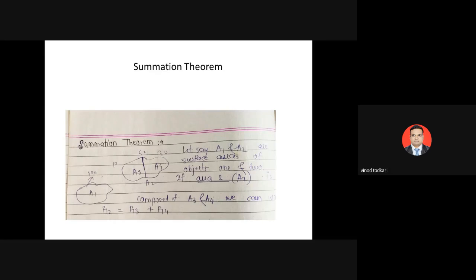Then how much will be intercepted by A4? It will be 30 watts. So F13 will be 0.1 and F14 will be 0.3. If you work out the summation, 0.1 plus 0.3 equals 0.4. So if 2 is made up of 3 and 4, I can write F12 is equal to F13 plus F14. I repeat, if 2 is made up of 3 and 4, F12 is equal to F13 plus F14.